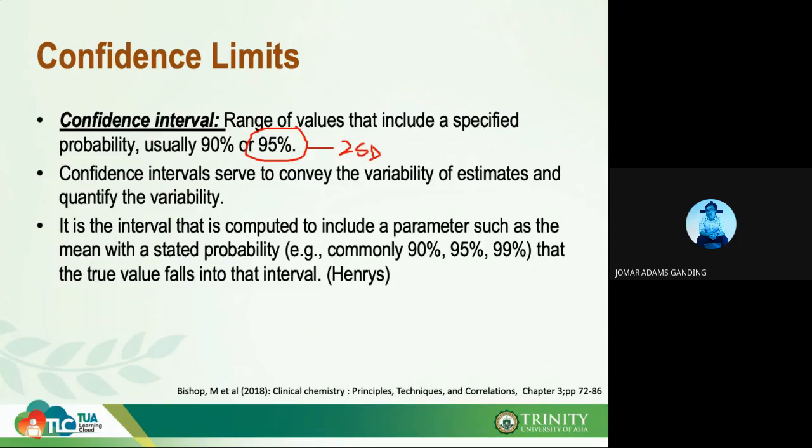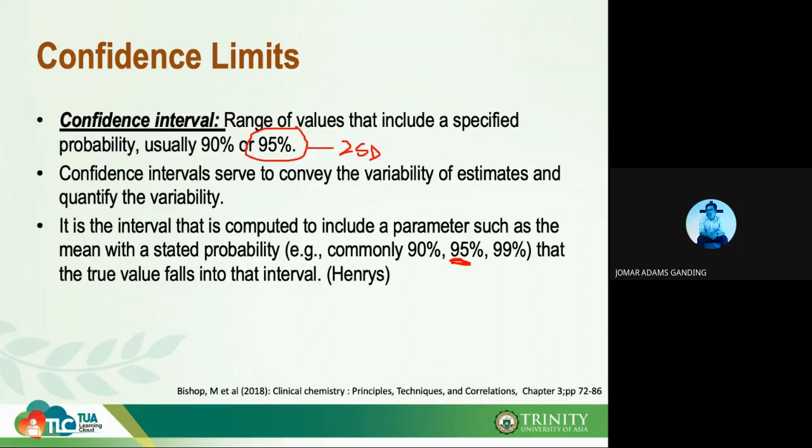A confidence interval serves to convey the variability of estimates and quantify the variability. In the confidence interval, it is computed to include a parameter such as the mean with a stated probability, usually again 95%, that the true value falls into that interval. Let me just explain this to you.